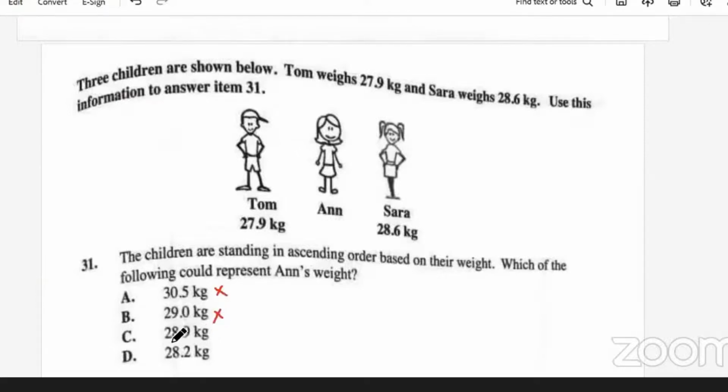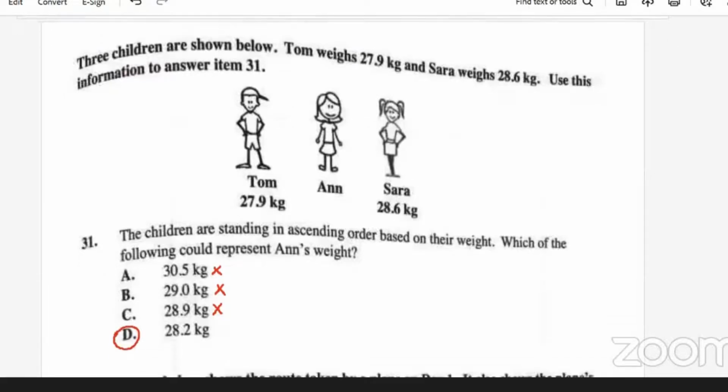Let's look at 28.9. That's also more than both. So these 3 would be incorrect. So the correct answer would be D. So the answer for 31 is D.